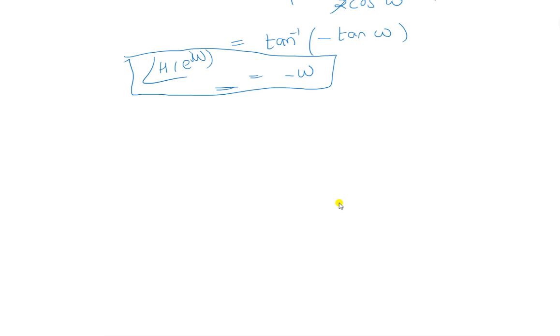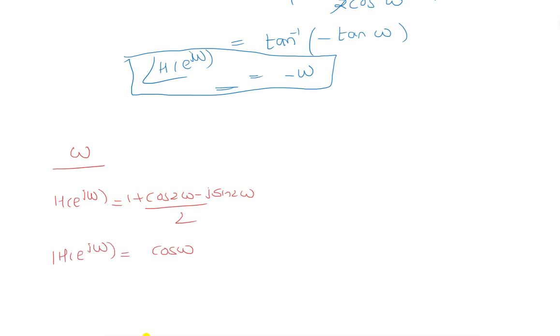Once you determine these values of magnitude and phase response, H of e to the power of j omega is equal to 1 plus cos 2 omega minus j sine 2 omega by 2, and modulus of H of e to the power of j omega is nothing but cos omega, and the phase response of H of e to the power of j omega is equal to minus omega.